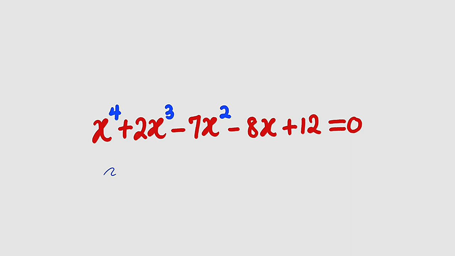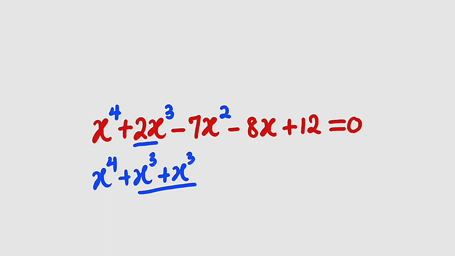So let's do that, something like x to the power of 4, then plus x to the third power. I know that if I take this and divide by this, I am going to get 1. But this is x to the third power, and here we have 2x to the third power, meaning we have another x to the third power. These two will give us this.